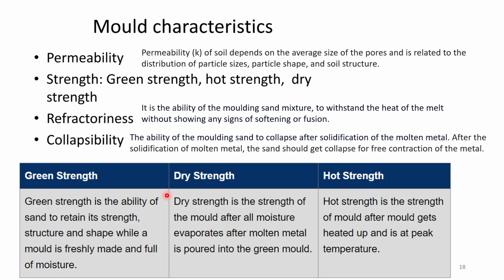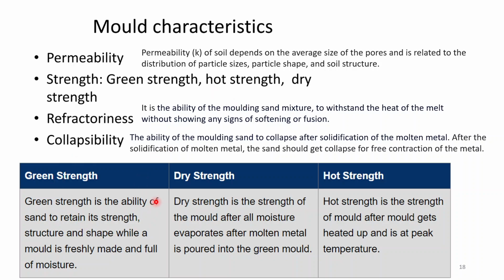Firstly, permeability of sand depends on the average size of the pores and it is related to the distribution of particle size, particle shape and soil structure. And sand can have green strength, hot strength and dry strength.